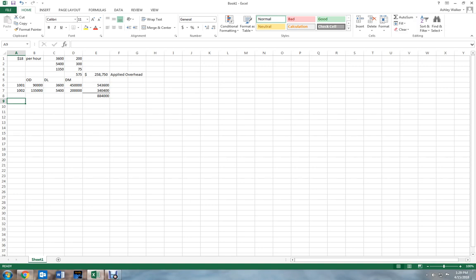And so our cost of goods sold, unadjusted, we only sold one of them. Let's set it up this way. Cost of goods sold would have had the production costs of job number 1001, so 543,600.